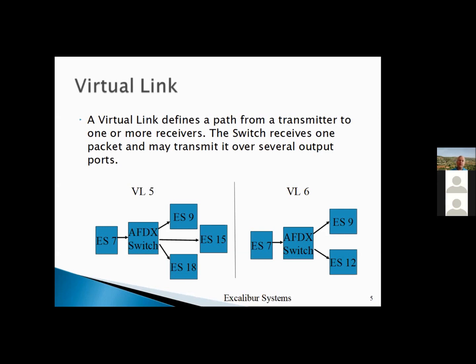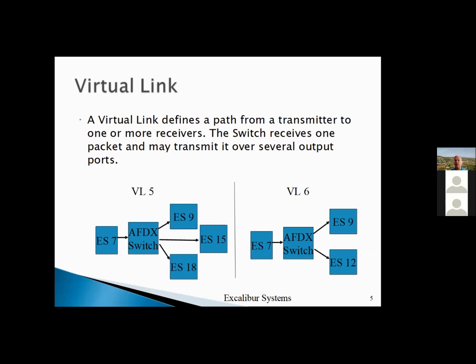Whereas if the same switch gets a packet from end system 7 that contains not latitude and longitude, but rather contains altitude, and it knows that because it's VL6 in the IP destination, then it's going to send that to ES9 and ES12.